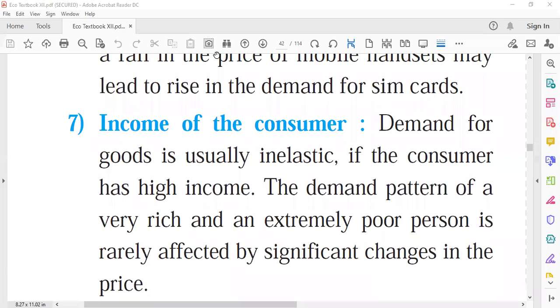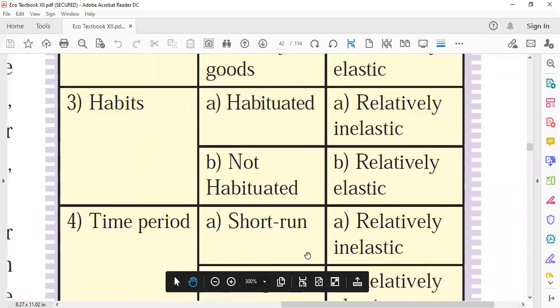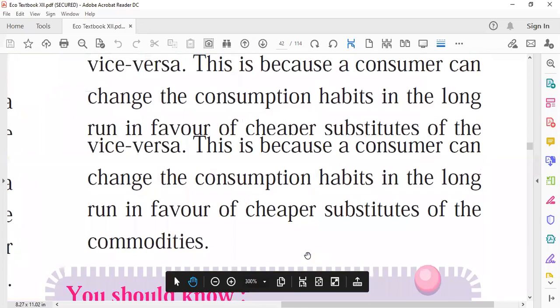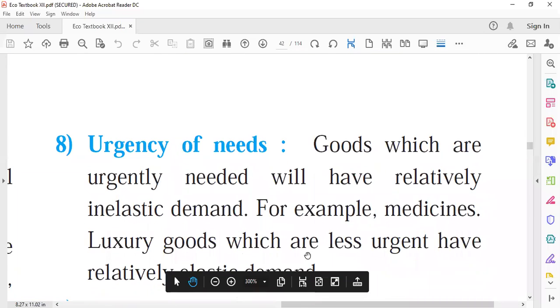So therefore, in the case of poor people, the lower income category people, the demand will be relatively elastic. But for the rich people, the demand will be relatively inelastic.